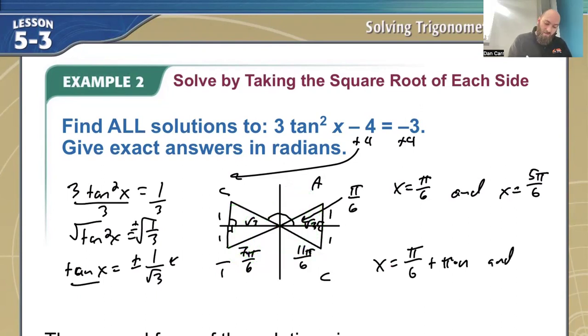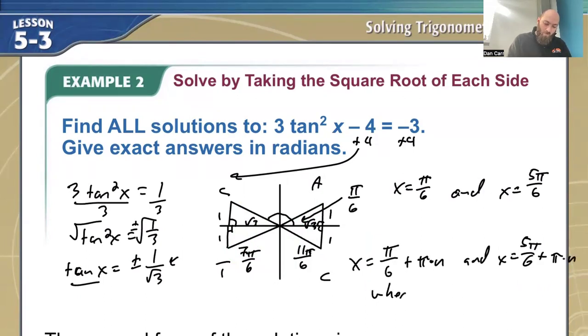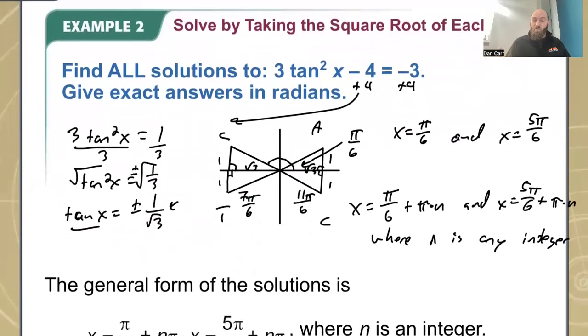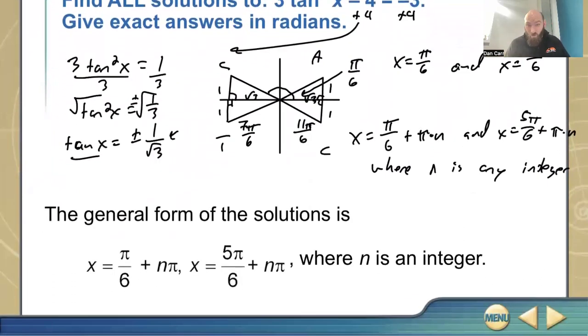So I could say x equals 5 pi over 6 plus pi times n, where n is any integer. Okay, so again, we don't have to do the full coterminal. I mean, technically that would be correct if I wrote out all four angles here and just did it as 2 pi around, but it's just extra writing that I don't need to do because I represent the same solutions with these.